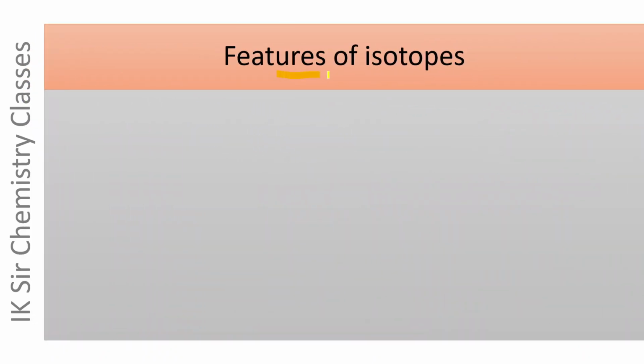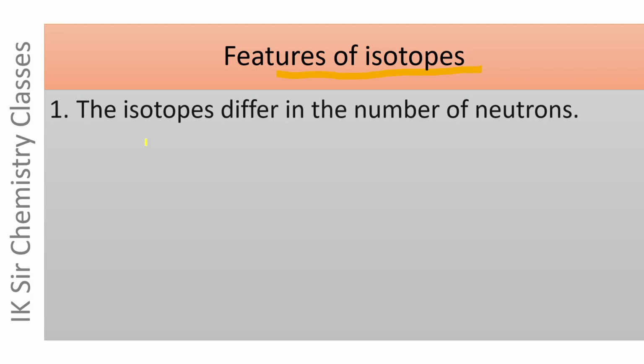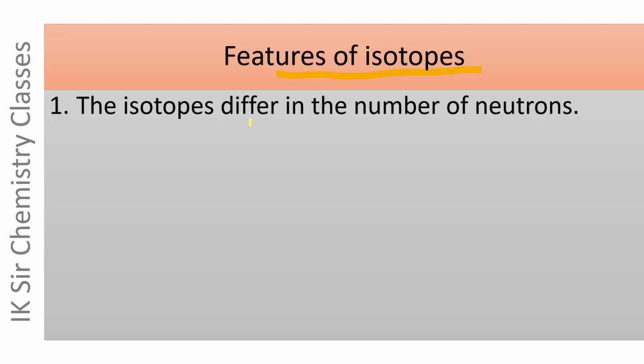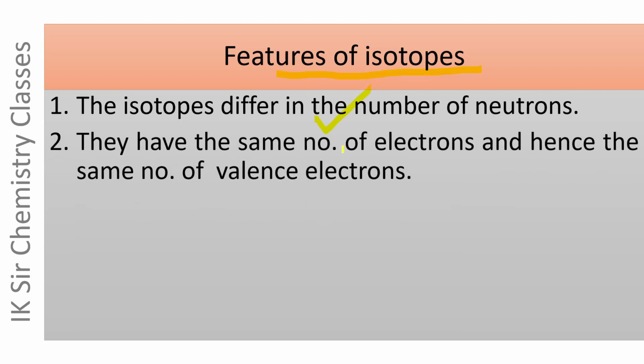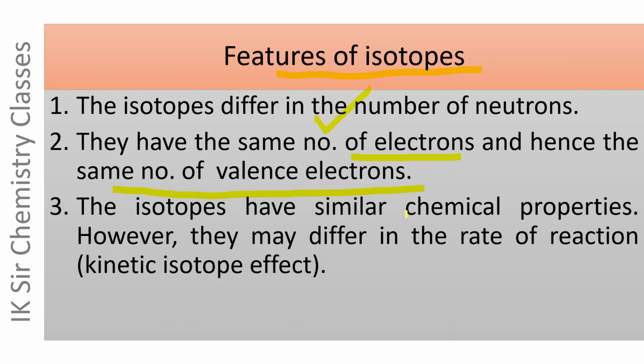Features of isotopes. The isotopes differ in the number of neutrons in the nucleus. They have the same number of electrons and hence the same number of valence electrons. The isotopes have similar chemical properties.